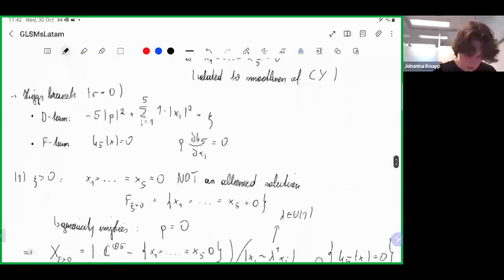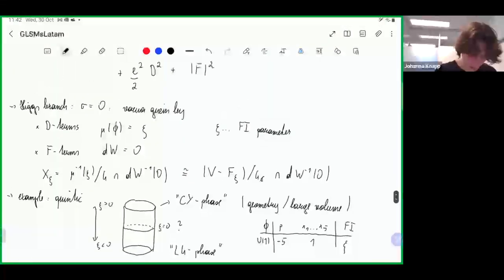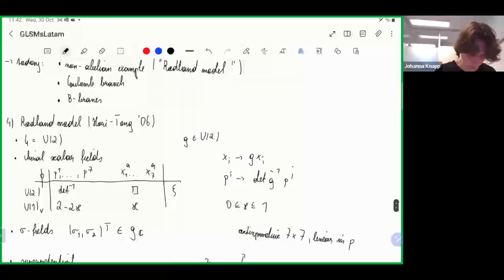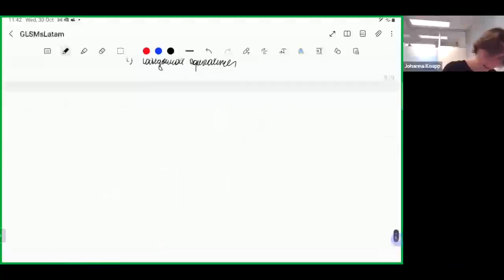So the quintic was 3. Let's make the Rutland example 4. And now we're going away from the examples again and into the structural questions about GLSMs. And the next thing I want to discuss is the Coulomb branch.